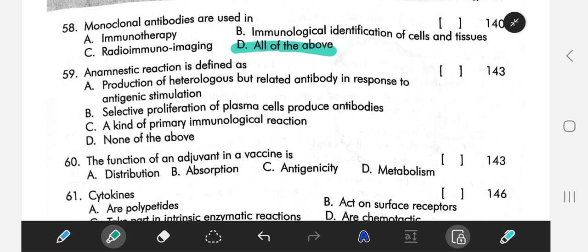Answer will be A. Anamnestic reaction is defined as production of heterologous but related antibody in response to antigenic stimulation.